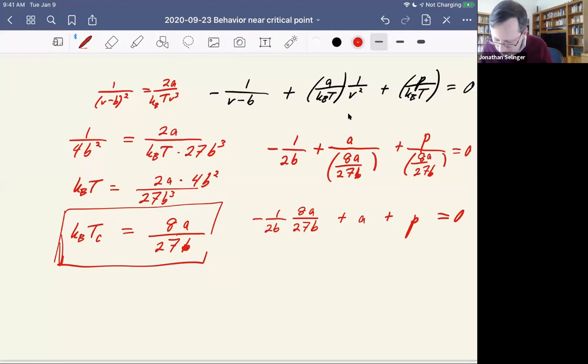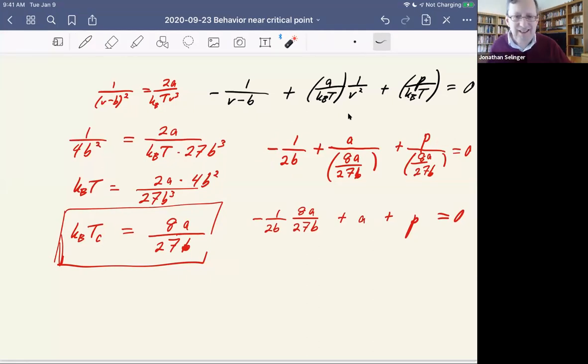Good. So this thing is 1 over 2B. And then A over the temperature. That looks good, I guess, right? P over the temperature. What am I doing wrong?